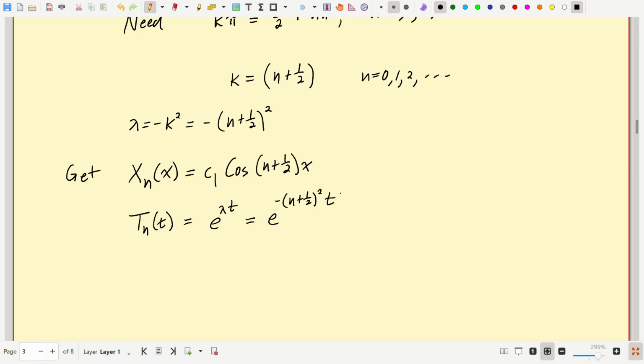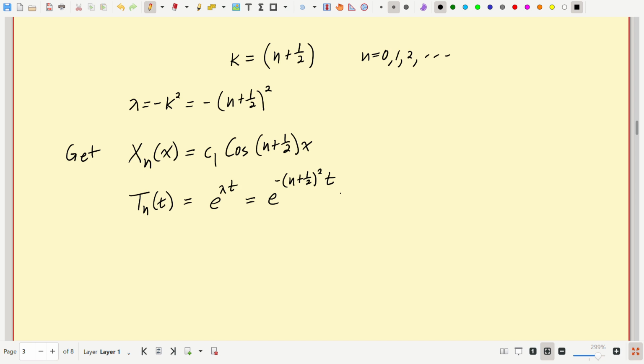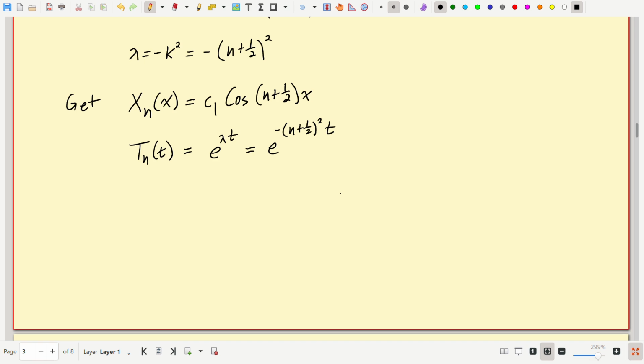Those die away really fast. That's kind of interesting, and that's because when you slap a refrigerator on one end of a wire and insulate the left end, it's going to suck all the heat out, and it's going to do it pretty fast. So I'm going to take the c1 to be 1 here.